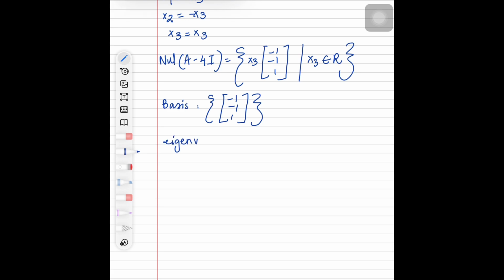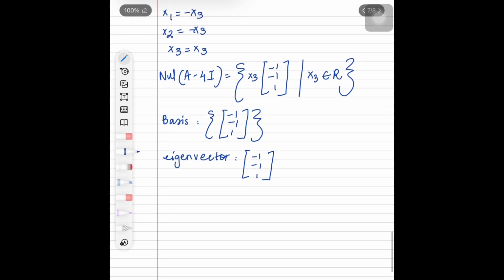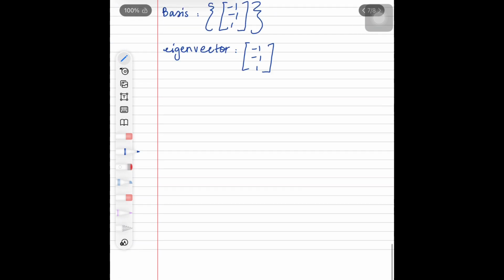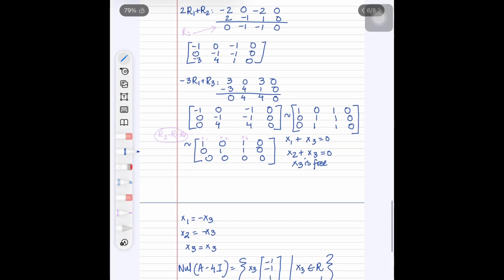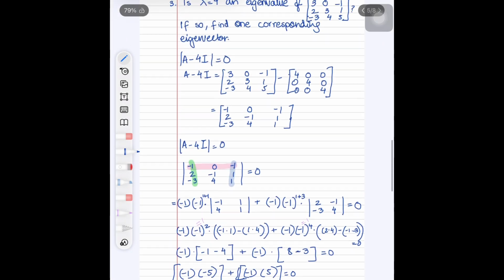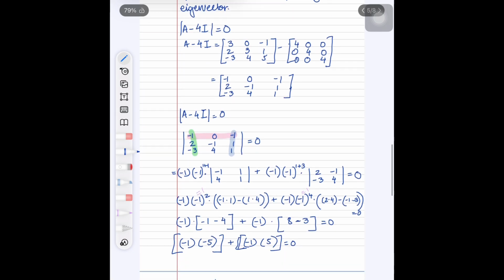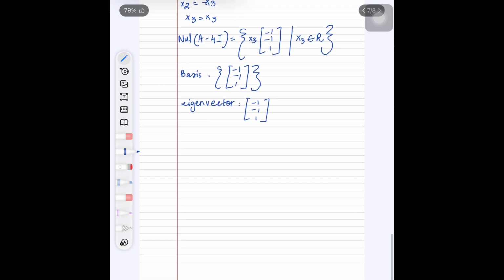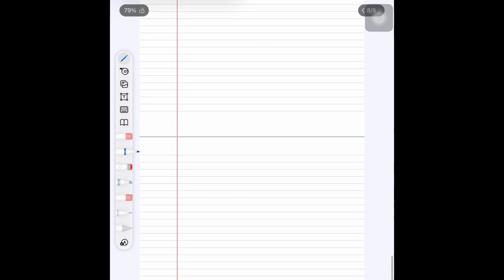So the basis is basically the set, and the eigenvector is just the vector itself. I hope this clarifies a lot of things. Let's just do another problem. Let me just show you this problem all over again. So this is what we did. Let me know in the comments if I missed anything.